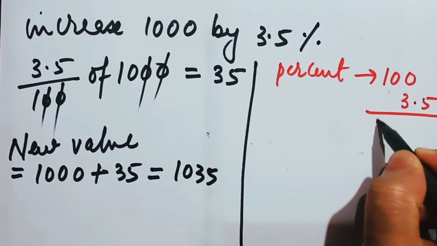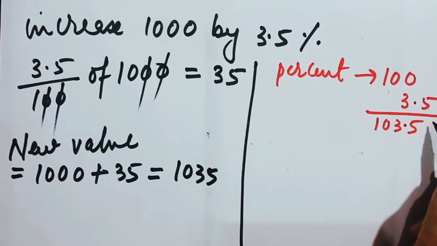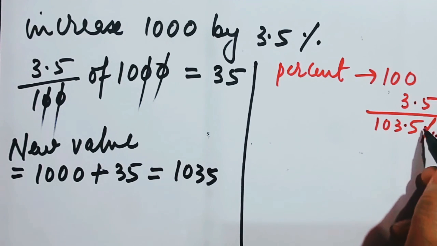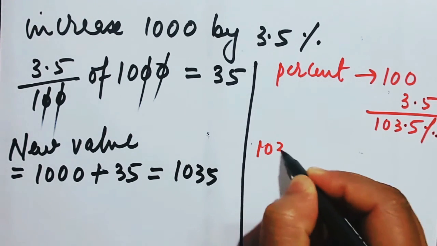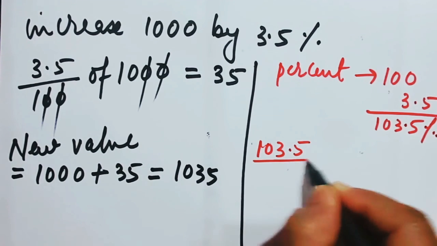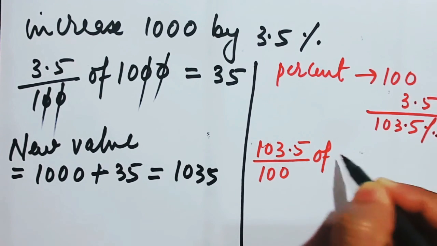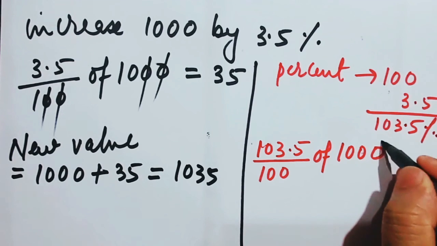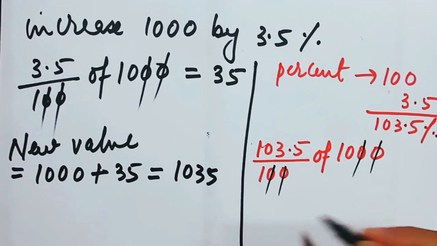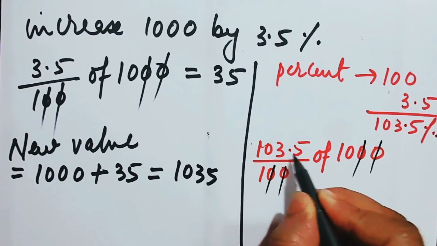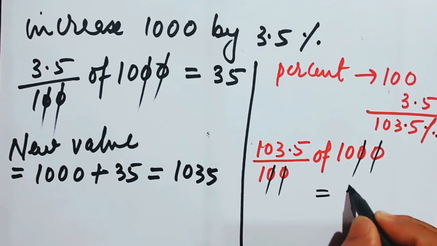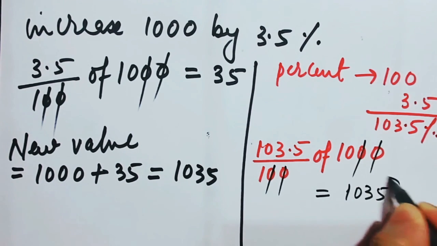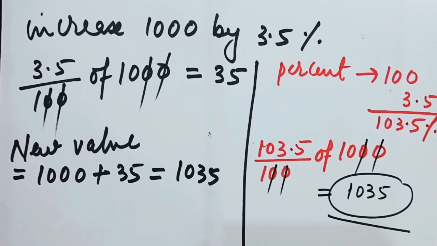So it will be 103.5%. When I find out 103.5% of 1000, how much should I get? Let us check. After cancellation, I'll get 103.5 into 10, which will give you 1035 as your direct answer.